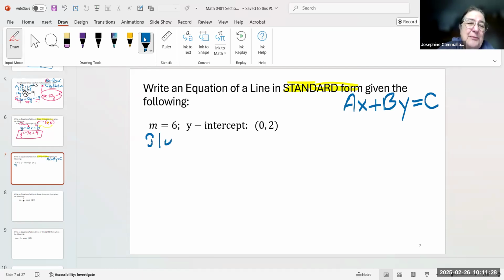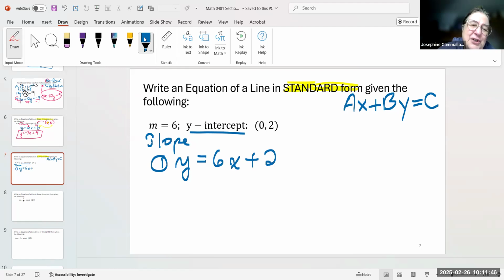I have a slope, and I have a y-intercept. So that means the first thing I'm going to do is write y equals 6x plus 2. I'm using what I have. This is a slope, which is 6, and I am told I have a y-intercept, which means this is the b in my equation.